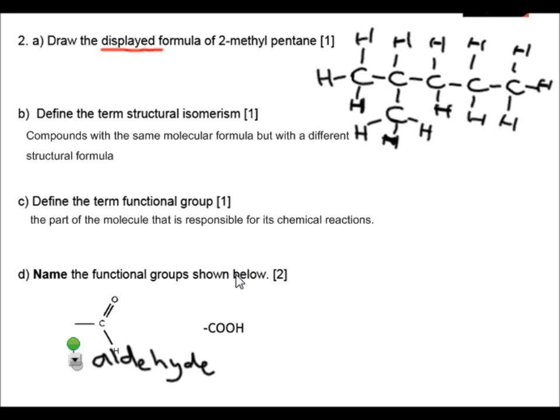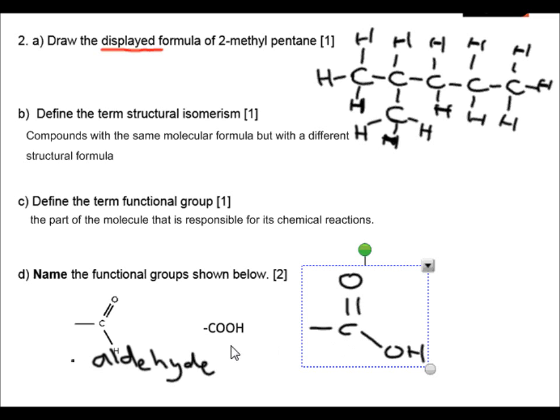COOH you should recognise as being a carboxylic acid, and if we were to draw it out in displayed format like this, we would have a carbonyl bond attached to an OH group, and again this is a carboxylic acid functional group, so your answer would be carboxylic acid.